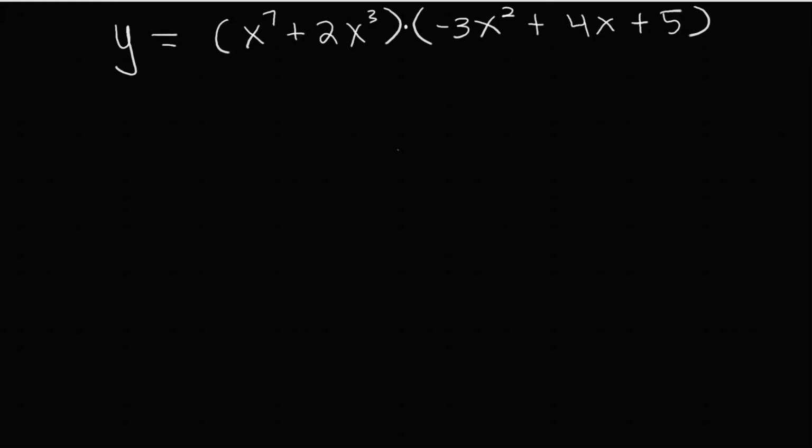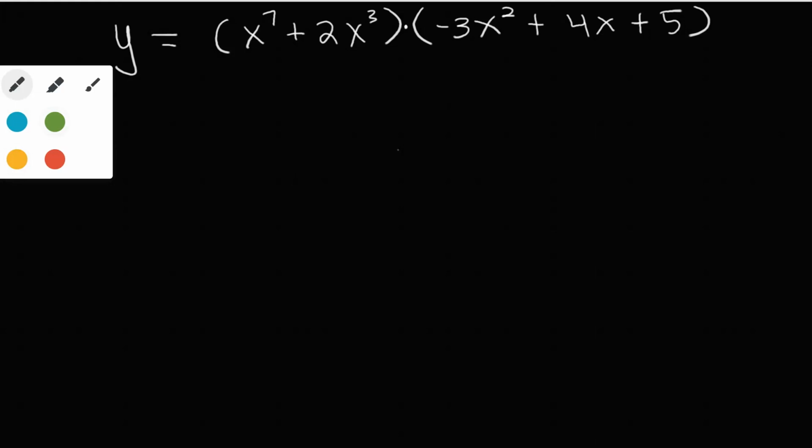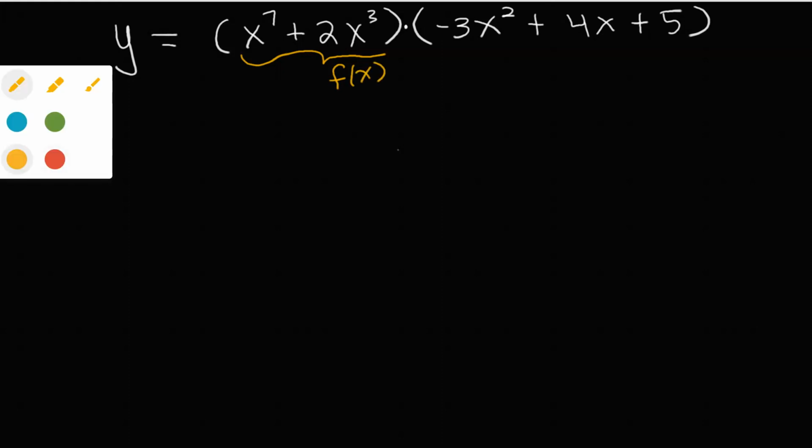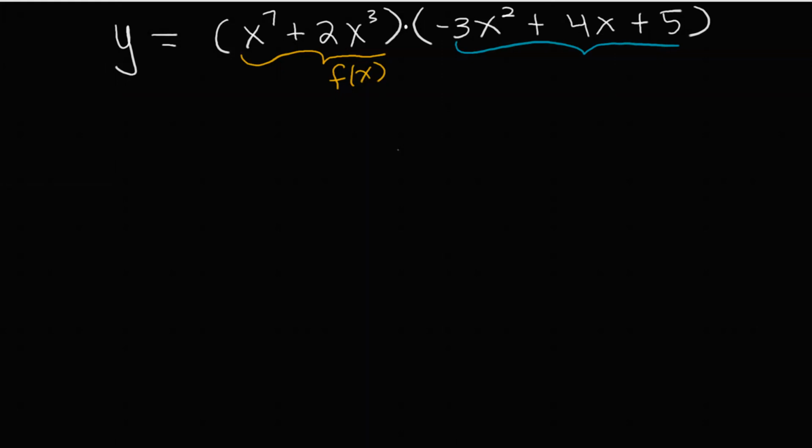But to demonstrate how the product rule works, I would say the first part right here is your function f. The second part right here is your function g of x. So then you would say the derivative of y with respect to x, and we write that as dy dx, is, right?